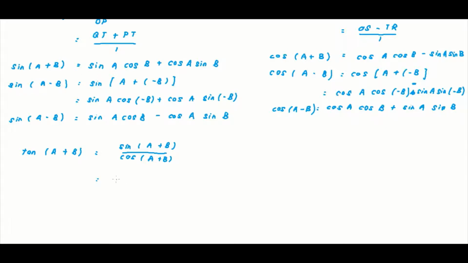So sine A plus B is sine A cos B plus cos A sine B, divide by what is cos A plus B is cos A cos B minus sine A sine B. Okay, just here what we have got just now.